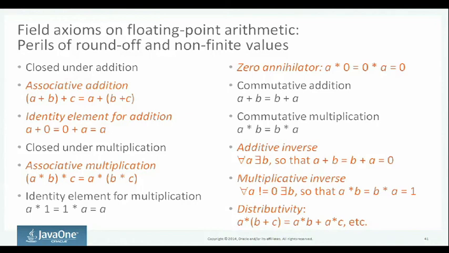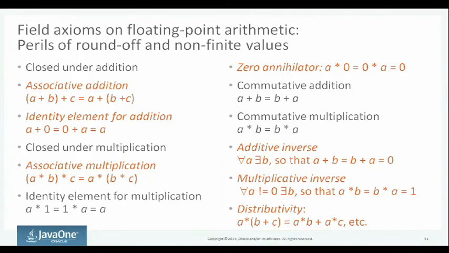The ones that are in orange do not hold for floating point arithmetic, so we don't have very many of them left. So we do have closure under addition, that's good. We've seen that addition is not associative, right? It matters what order we do things in. There's not even an identity element for addition, so this looks a little bit odd.